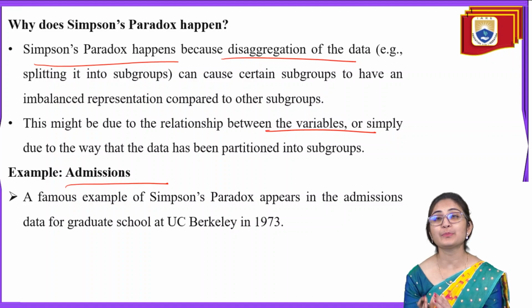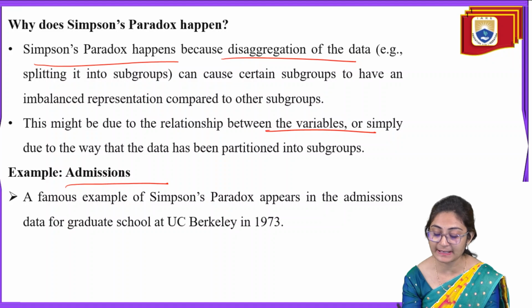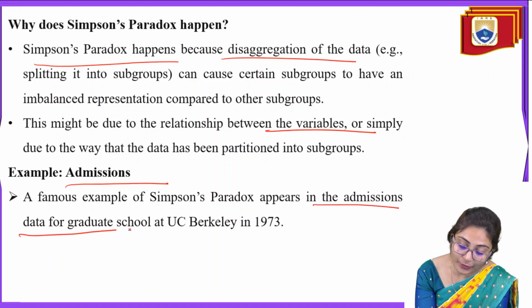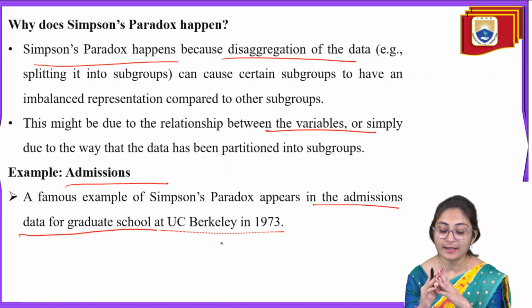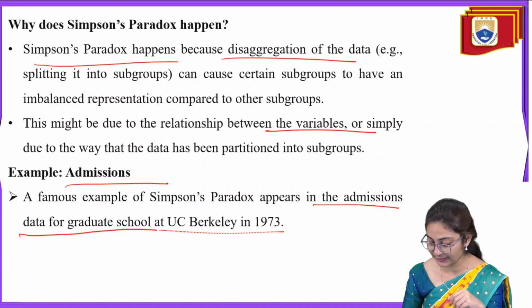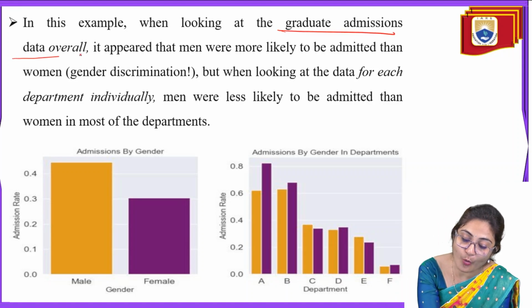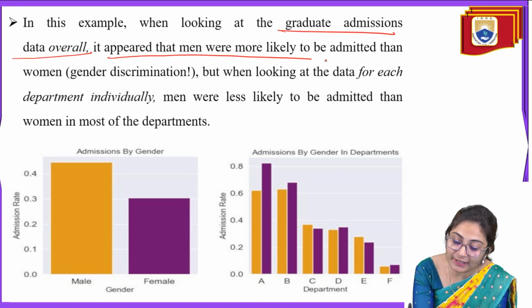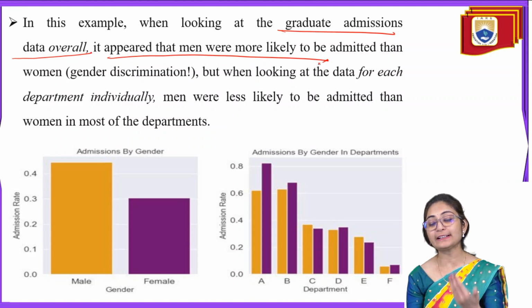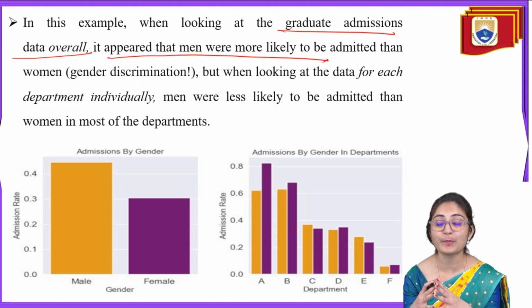A famous example of Simpson's paradox appears in graduate school admission data at UC Berkeley in 1973. In this example, looking at graduate admissions data overall, it appeared that men were more likely to be admitted than women.